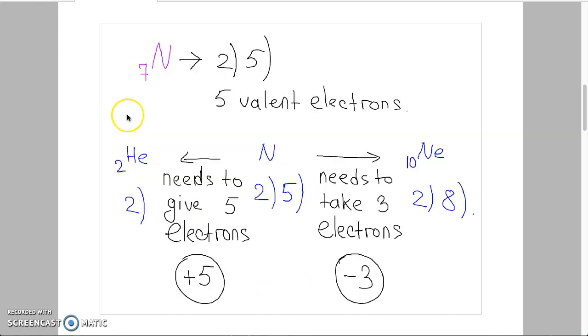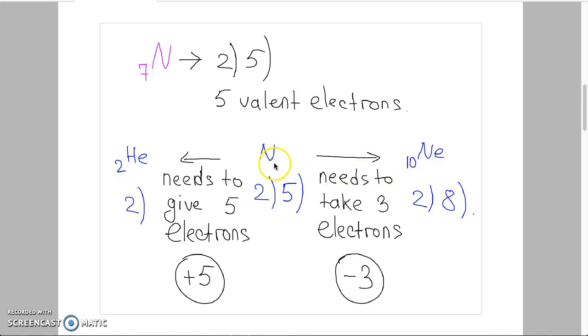Why is it so? Let's take nitrogen as an example. Nitrogen has 7 electrons, and when we write its electronic configuration, on the first shell we will have 2 electrons, on the second shell we will have 5 electrons. And please try to remember that I said to you that every element of the periodic table wants to be like noble gases.